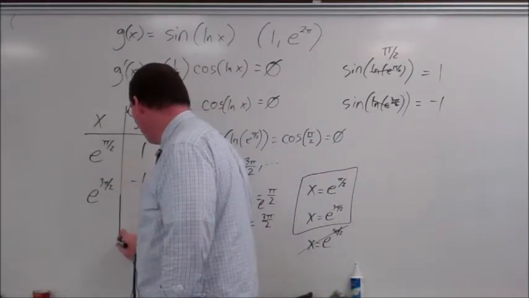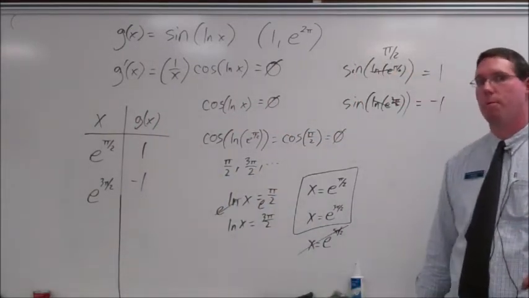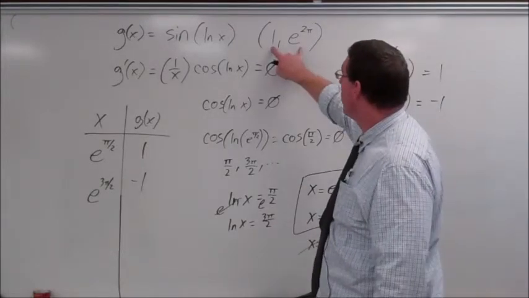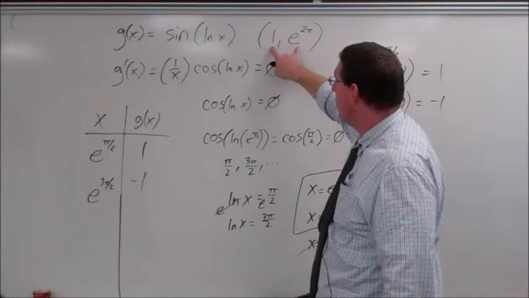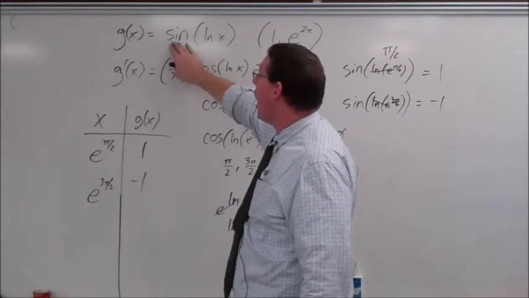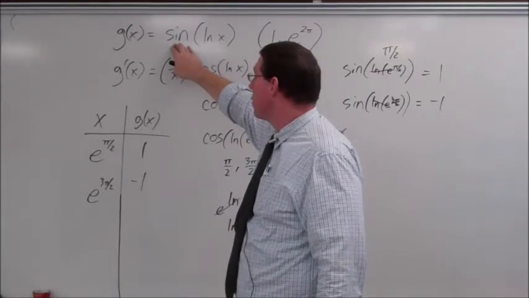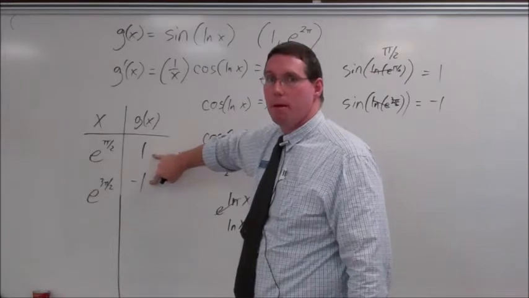We actually don't know if they're absolute maximums or absolute minimums or relative maximums or relative minimums, because these points right here could potentially be higher points. Now, knowing that sine can only go as high as 1 and only as low as negative 1, I know that they are the absolute maximum and absolute minimum.